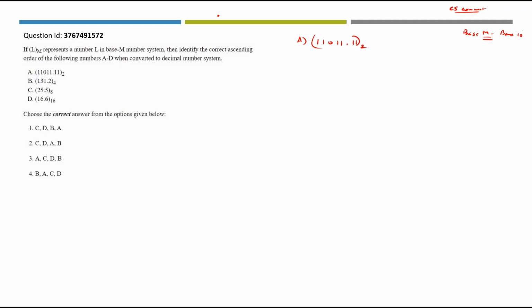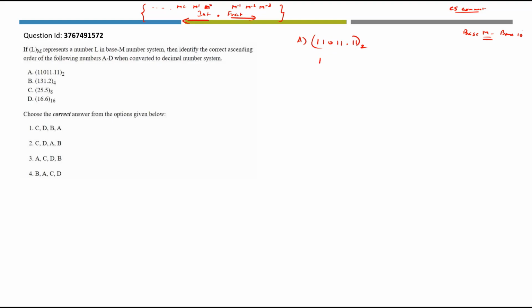Let's take this to be the integer part and this to be the fraction part. The integer part will be raised as m power 0, m power 1, m power 2, and it goes on in this way. When you are raising for the fractional part, this will be m power minus 1, m power minus 2, m power minus 3 in this way. Using this format only we are going to work now.